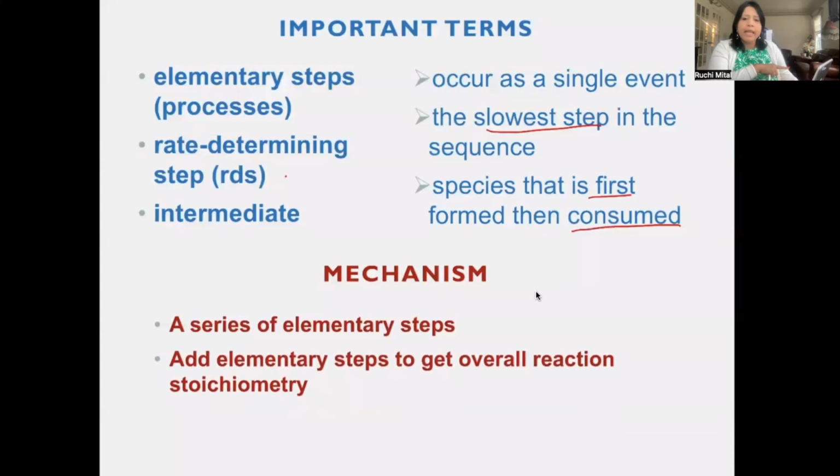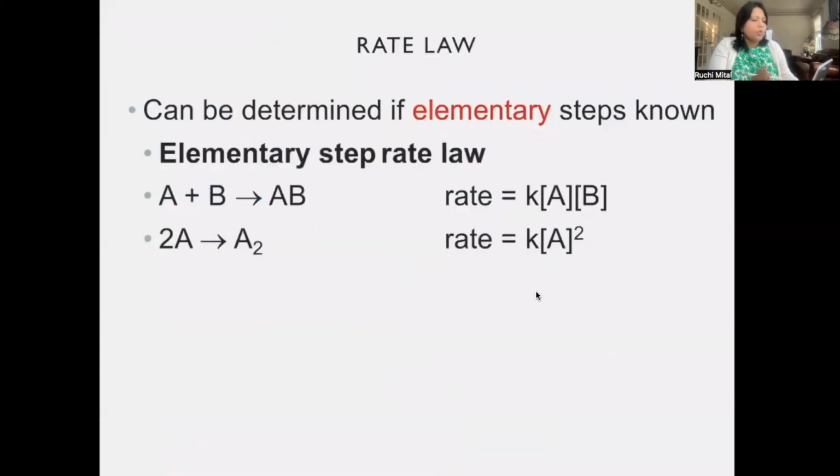So what is a mechanism comprised of? It is comprised of a series of elementary steps. You add all the elementary steps to get your overall reaction in the correct stoichiometric ratio, and the rate law is determined from the experiment. But the rate law can be determined from an elementary step. So if they tell you that this is an elementary step, very, very important, we do not need experimental data.